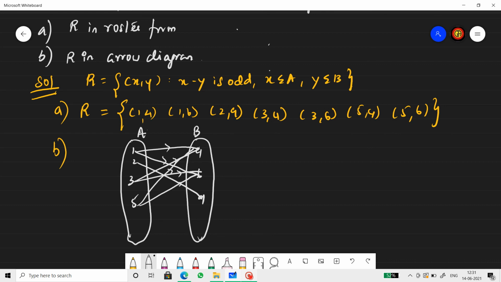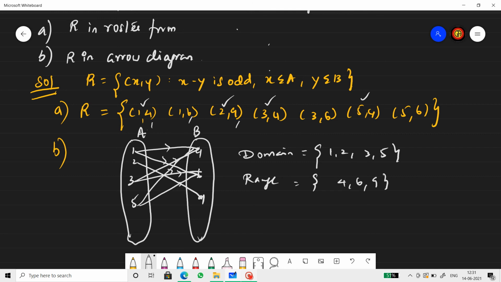Now what is the domain? Domain is the set of first entries of the ordered pairs, which is 1, 2, 3 and 5. What is the range? Second entry, which is 4, 6, 9.